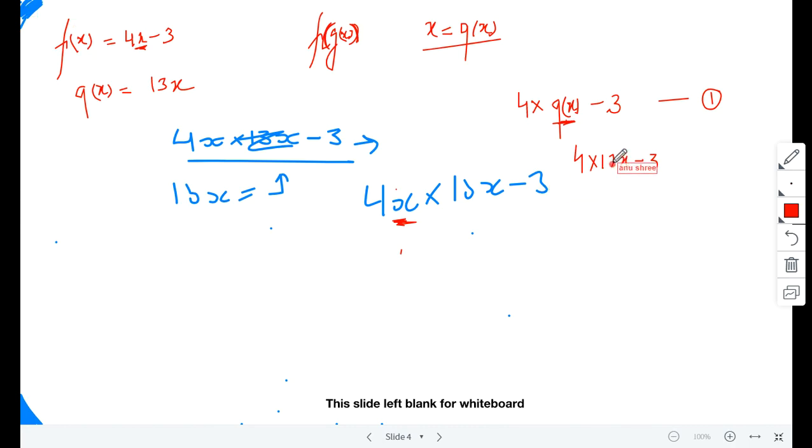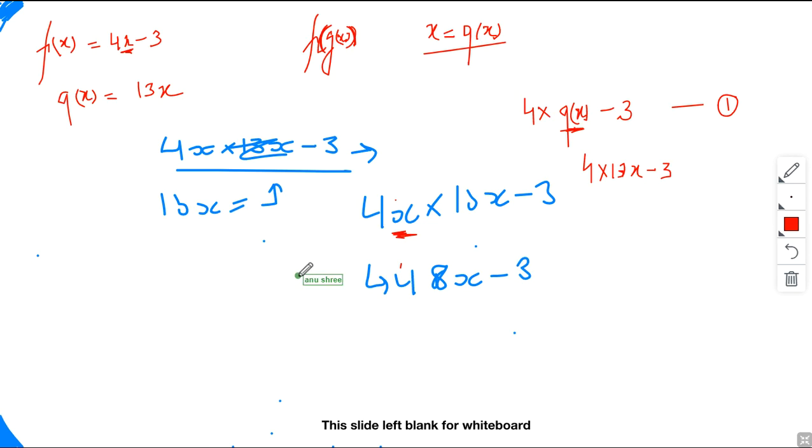Yes, is this clear? Okay. Now solve this question. Right now, what do I do? Just multiply these. So it will give you finally the answer.